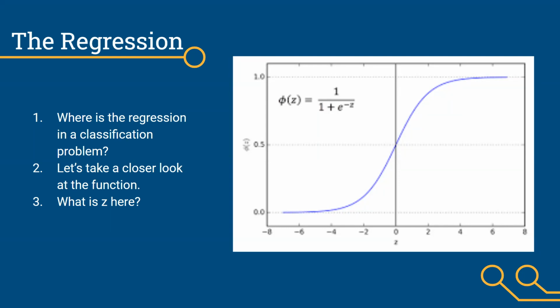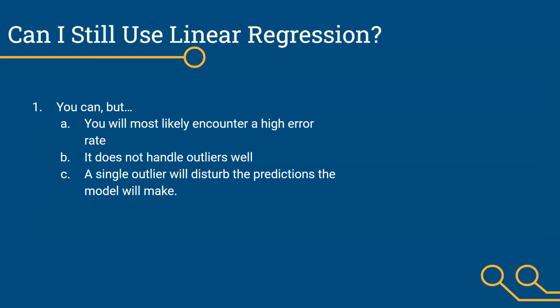So let's keep it rolling. You can still use linear regression, just use it at your own discretion. You want to use whatever works best with the data set that you have. At the end of the day, it depends on your data, what it looks like, and what you're trying to do.